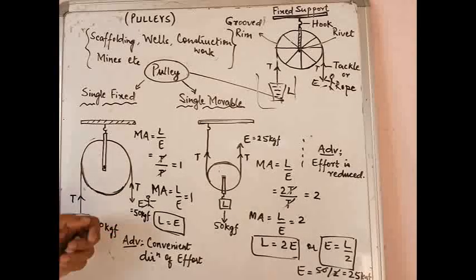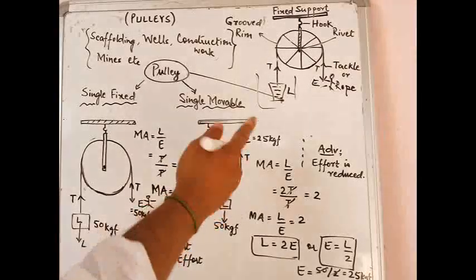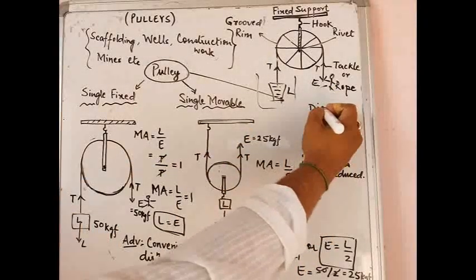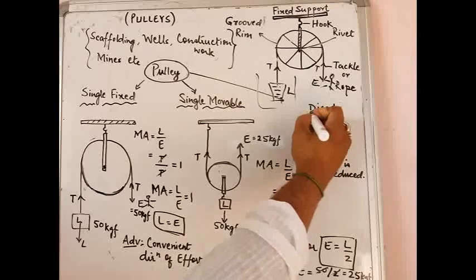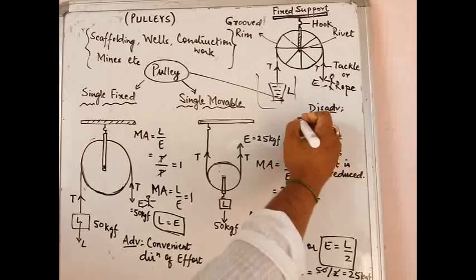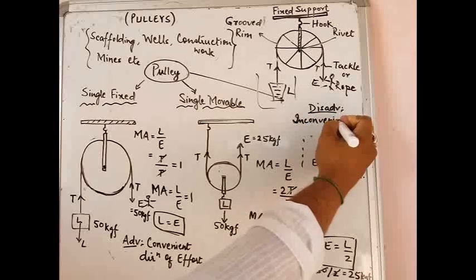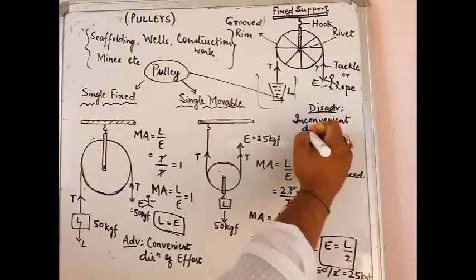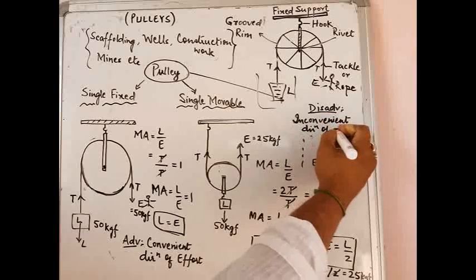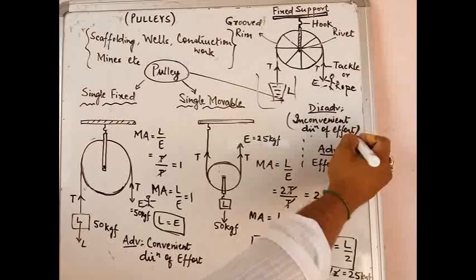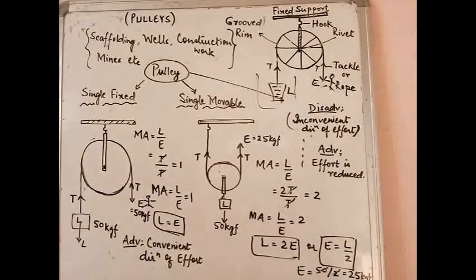There the advantage was the convenient direction of effort, which was in the downward direction. Here it is the opposite. So we can write the disadvantage that we have over here is inconvenient direction of effort, because that is the upward direction, which is always difficult.